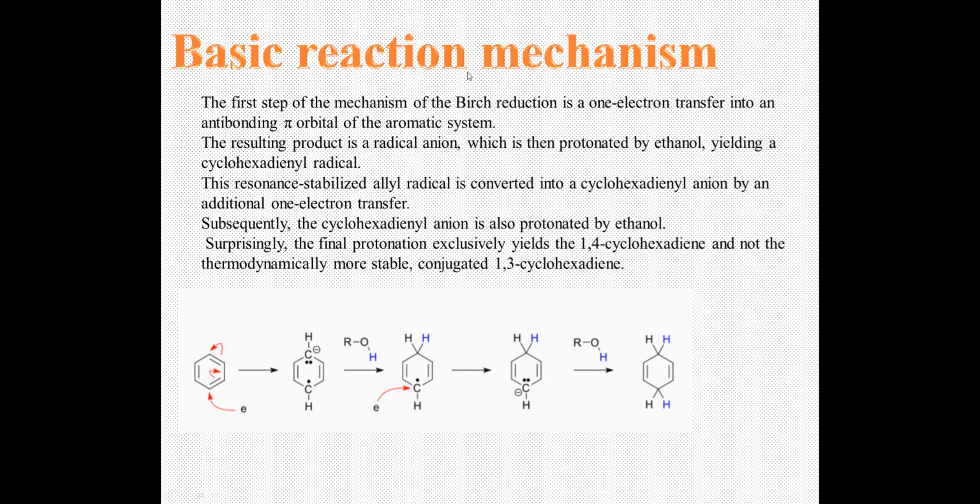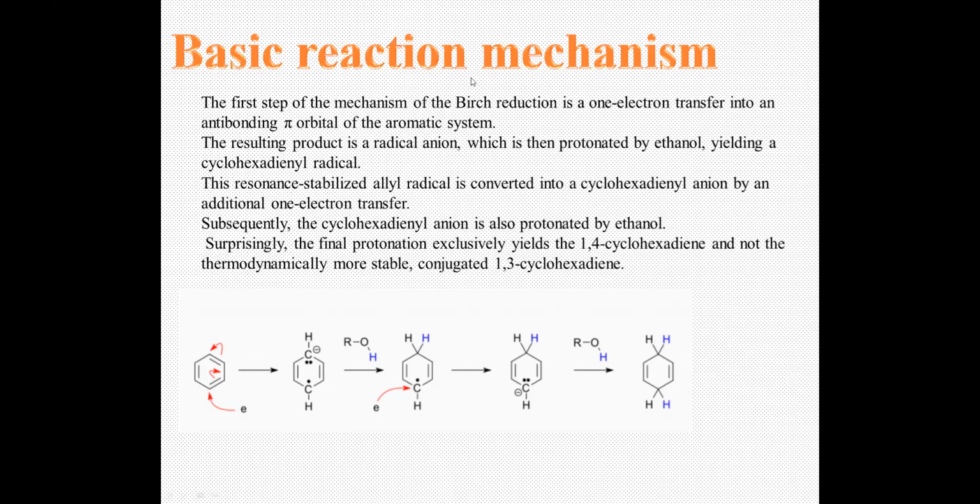So what happens next once this cyclohexadienyl radical is formed? Again it receives an electron from the system to form a cyclohexadienyl anion. So it gets converted to a cyclohexadienyl anion.